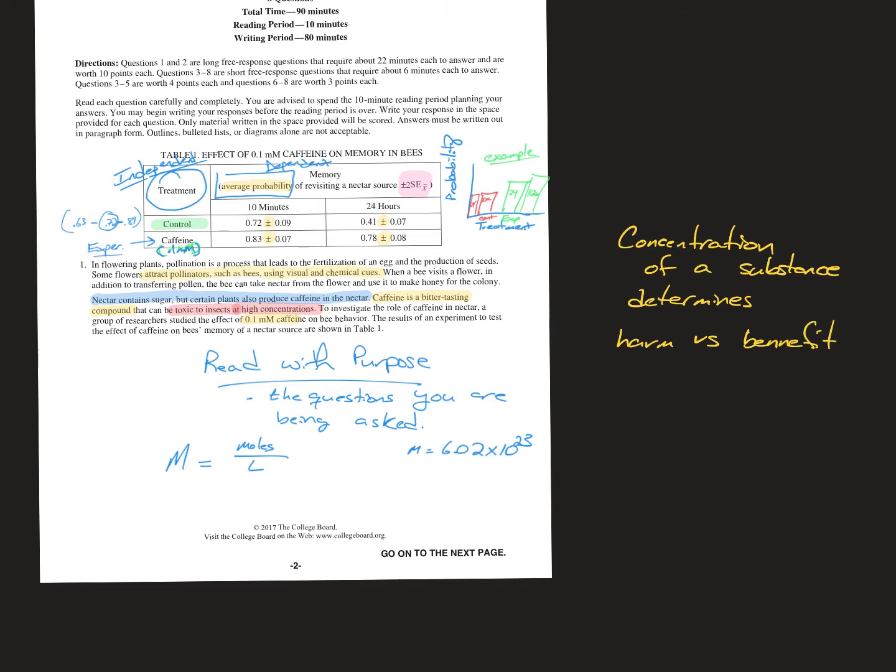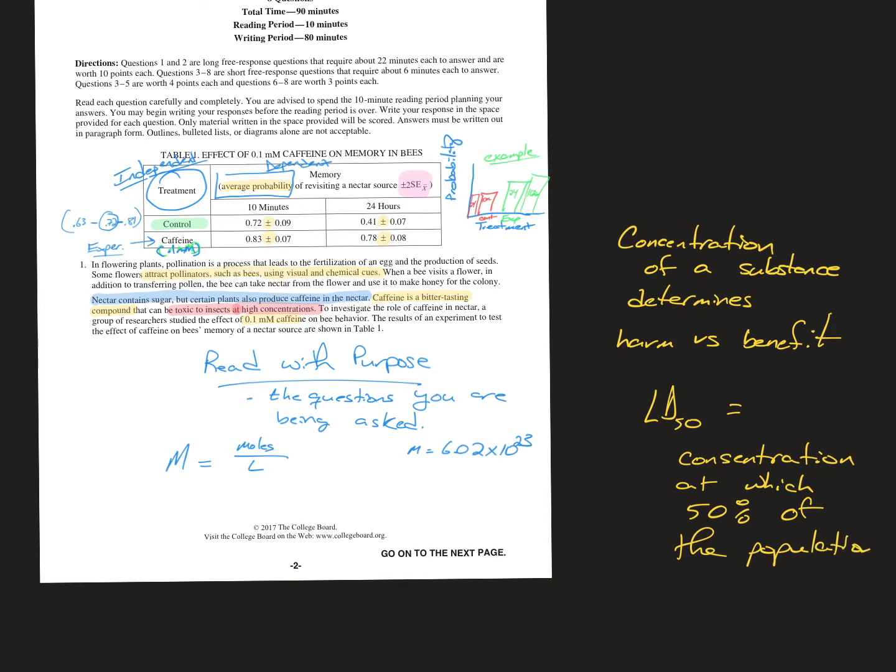If this were another class, we would be talking about LD50s. LD50 is a measurement of a concentration at which 50% of the population die.